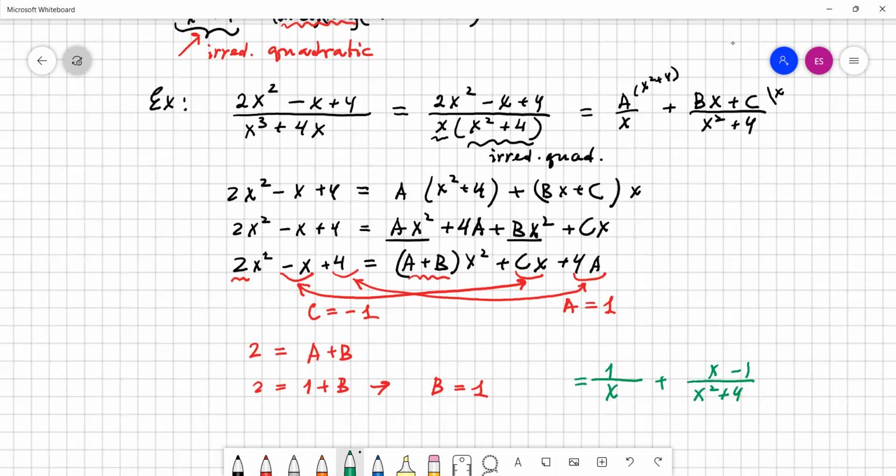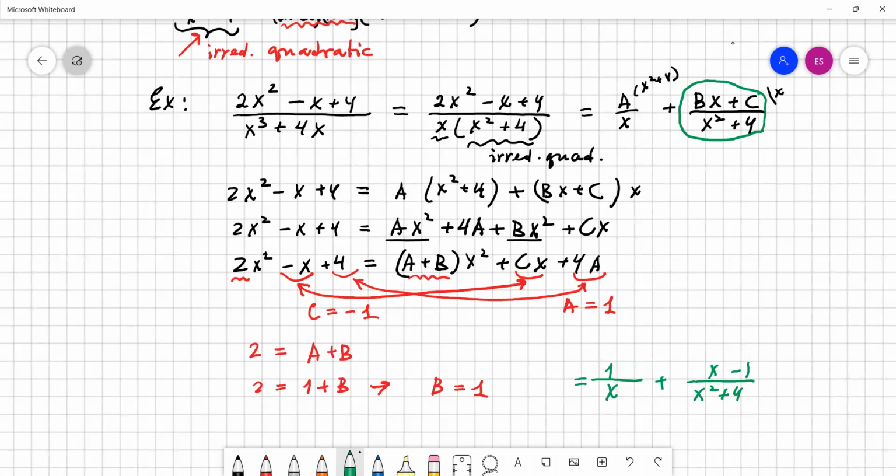And that's the decomposed expression. Okay, so what is the difference? The major difference here is that we are going to have this special fraction. Over here on the top, you are going to have Bx plus C or Cx plus D or whatever. If it's quadratic here, it's going to be linear here.